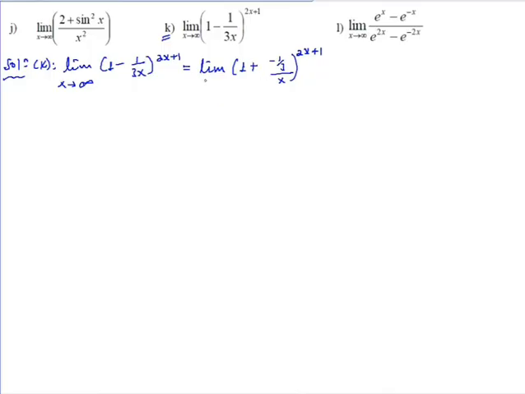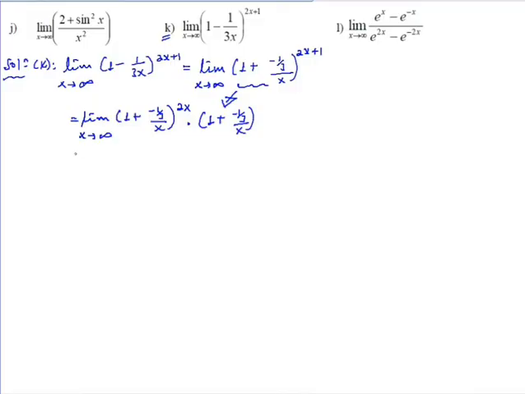Again, this can also be written as the limit of 1 plus minus 1 over 3 over x to the power of 2x as x approaches infinity, times 1 plus minus 1 over 3 over x to the power of 1. So I converted this into this part using the rules of exponents.